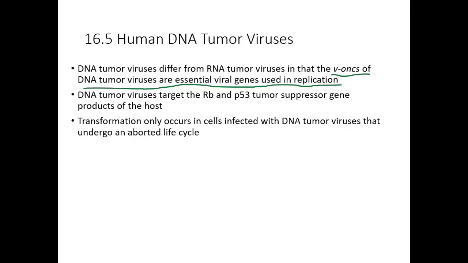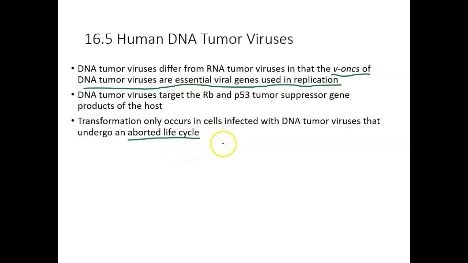DNA tumor viruses specifically target P53. Make sure that you guys are familiar with the cyclins and the elements of the cell cycle from that previous video. Now, something important, we talk about this, or we will with HPV, is that transformation occurs not during a normal viral cycle, but when you have an aborted replication cycle.